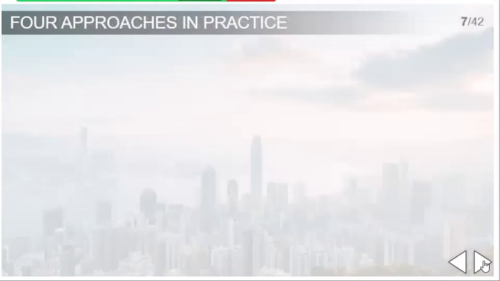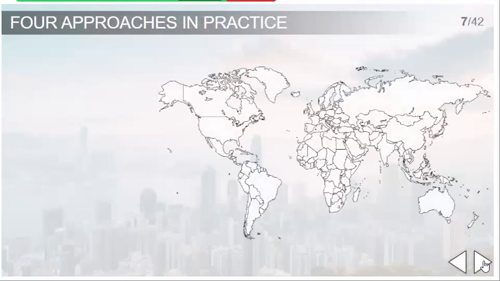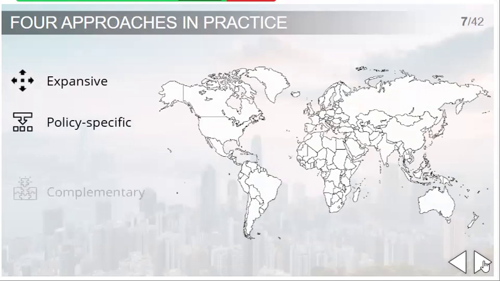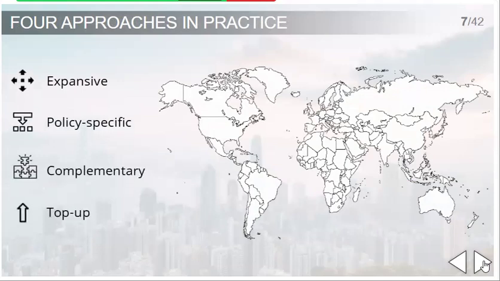While approaches taken by jurisdictions will be context-specific, experience suggests there are 4 broad approaches to implementing a carbon tax: expansive, policy-specific, complementary, and top-up. Click on each to read more.